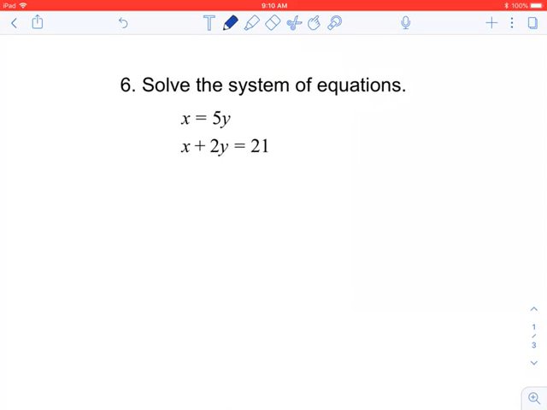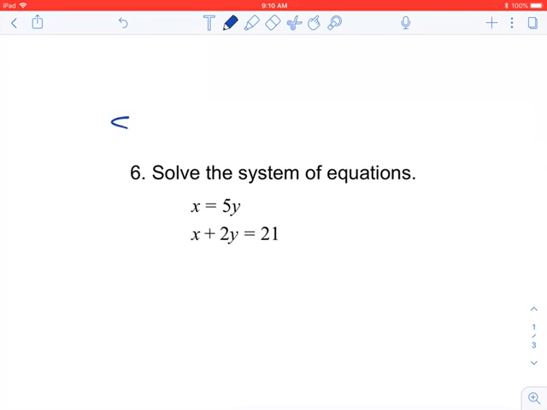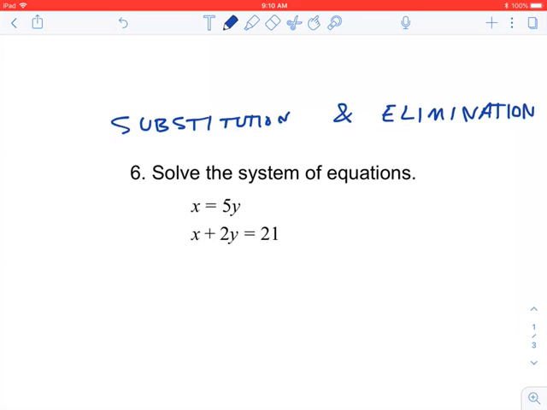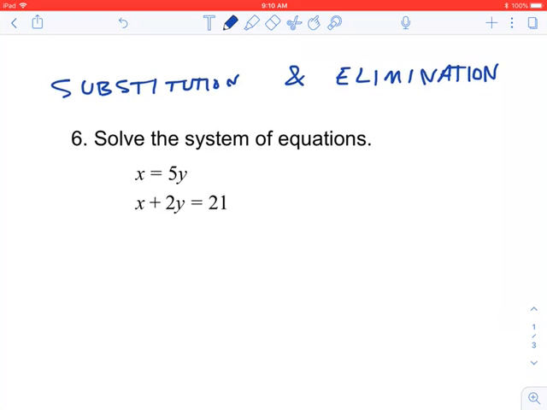So going back to systems, remember our two methods are substitution and elimination. Okay, so substitution is used when there's something already by itself. So in this first case, I'm actually going to use substitution because x is by itself.